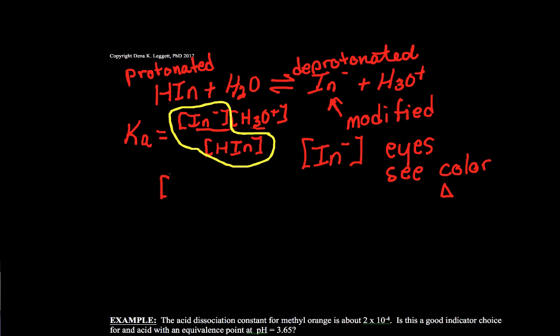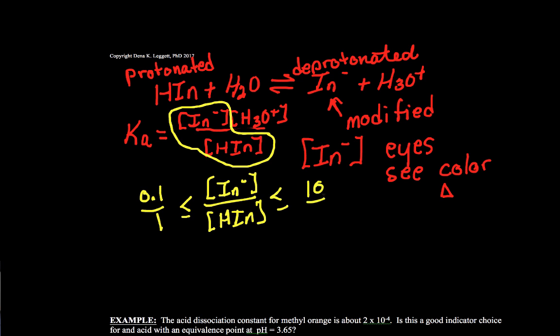What we find is that if that ratio of indicator deprotonated to protonated form is greater than or equal to roughly about 0.1 to 1, so we have a range of 10 to 1.